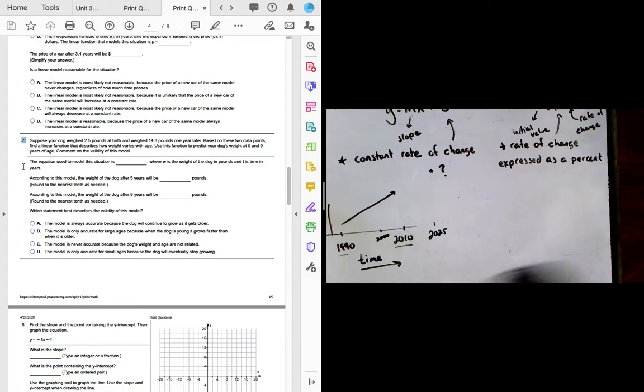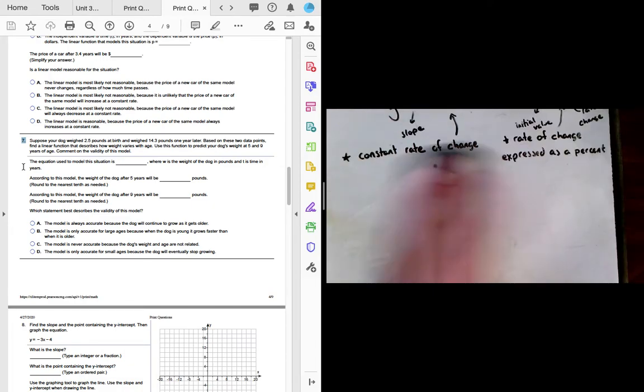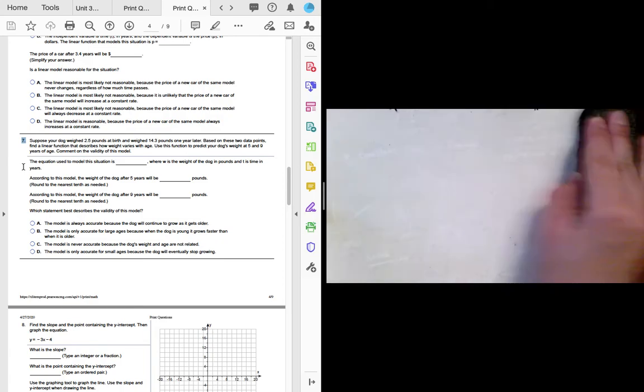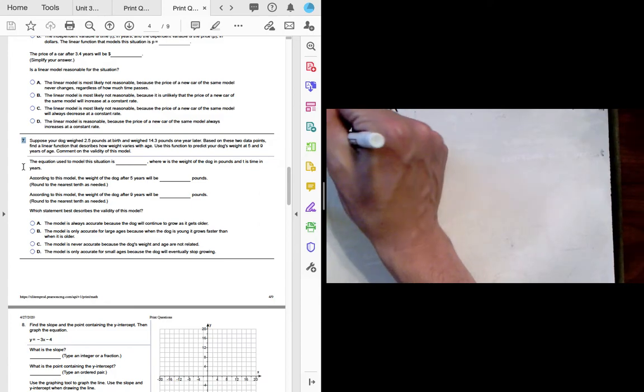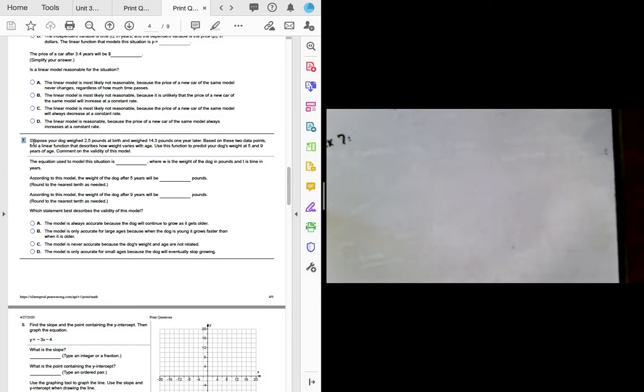All right, so let's take a look at these two problems. Okay, so example 7 that I have over here on the side says, suppose your dog weighed 2.5 pounds at birth and weighed 14.3 pounds 1 year later. Based on these two data points, find a linear function that describes how weight varies with age.